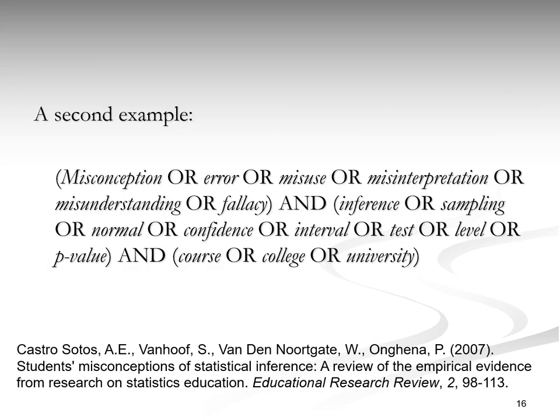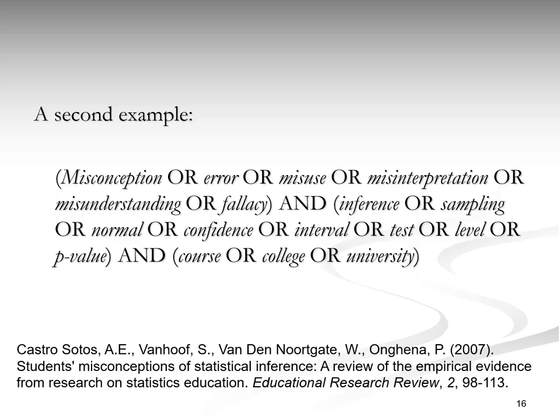Second example, in another study in which we studied students' misconceptions of statistical inference, we again used 3 groups of keywords. And so for each of the groups, at least one of these terms should be included in the paper. So we had misconception or error or misuse or misinterpretation or misunderstanding or fallacy.